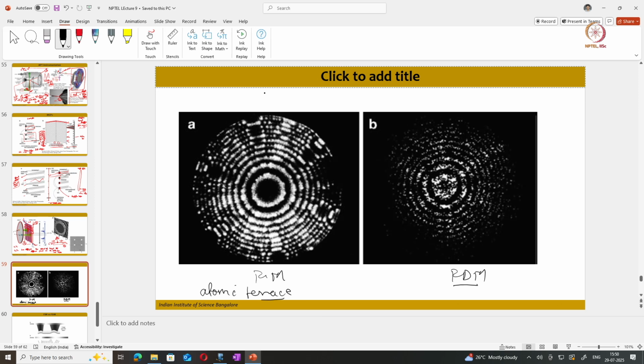If you look properly at the size of these concentric rings, in the FDM the ring diameter is lower than in the FIM. Here the concentric rings are larger, and here they are a little bit smaller compared to the FIM image.